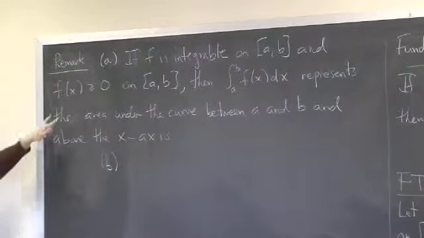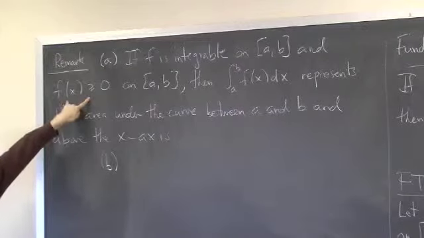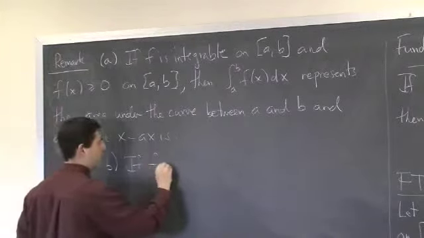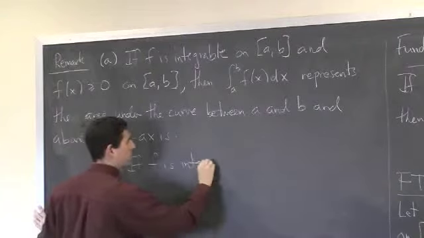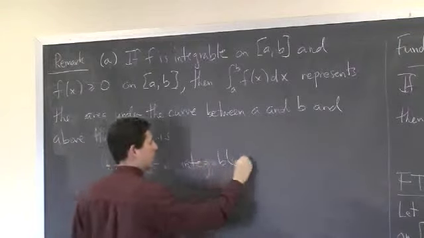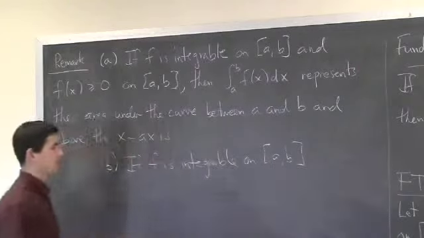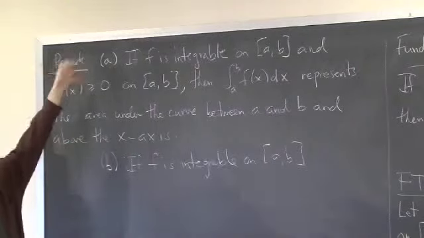If we drop the condition that it's always greater than or equal to 0, then we said this no longer represents area. So if f is integrable on AB, and then we just drop the second half of the sentence. Right?